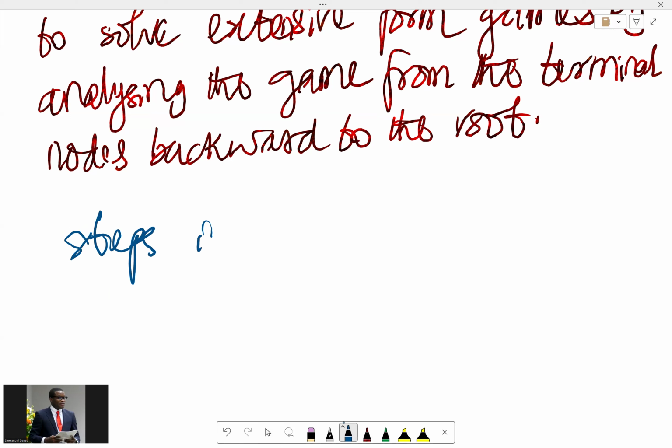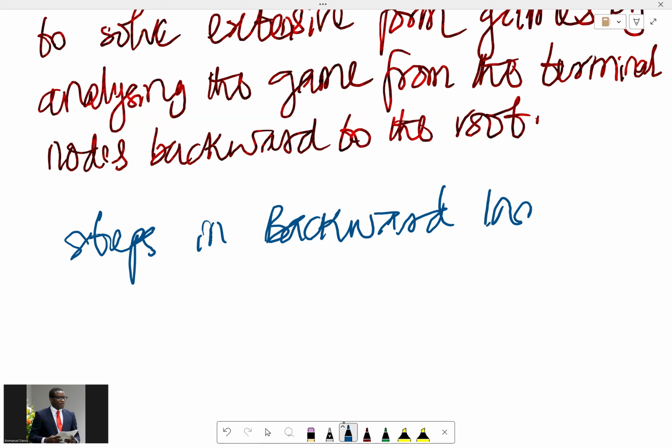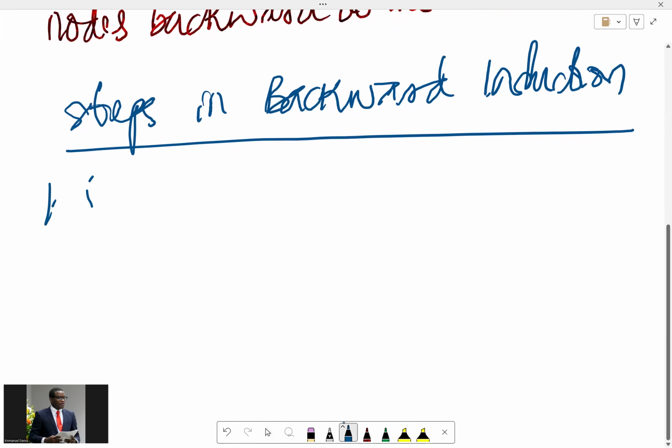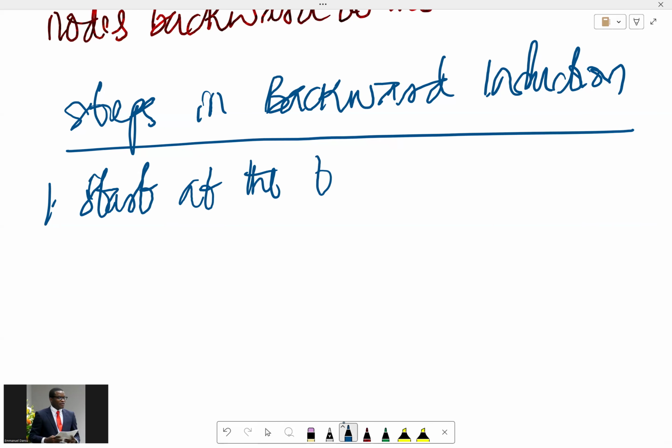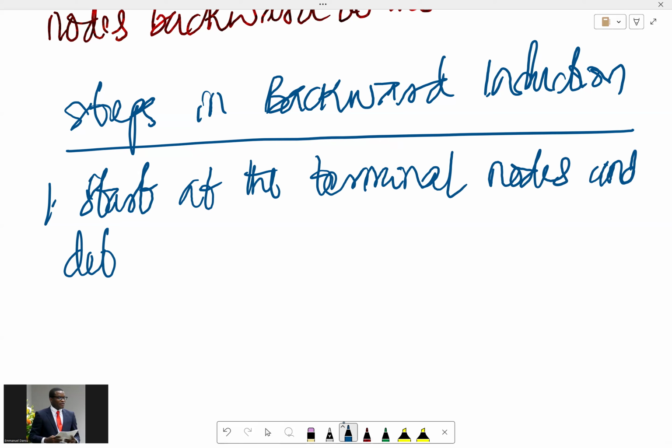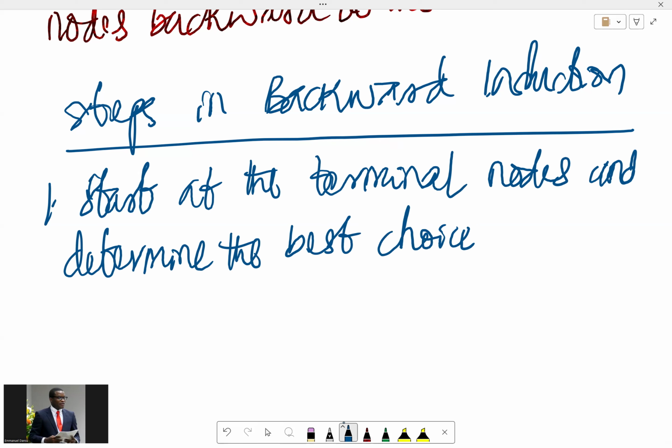Steps in backward induction. The first thing is you start at the terminal nodes and determine the best choice for the last player to move.